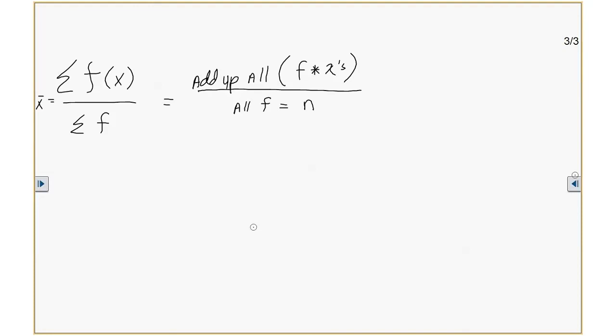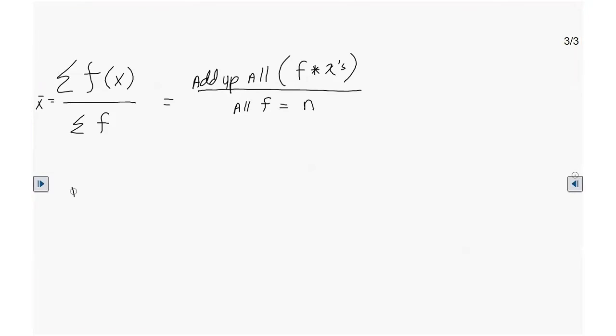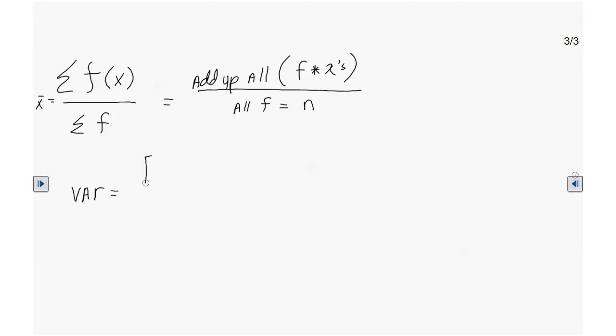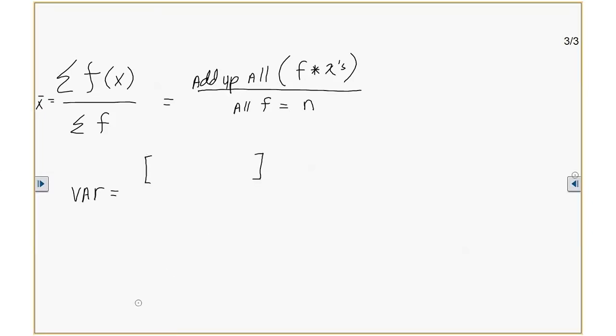The second one is the variance. Now I also tell people to put brackets around the first part of it, because if you don't, you're going to get confused. N times the summation of f times x squared.